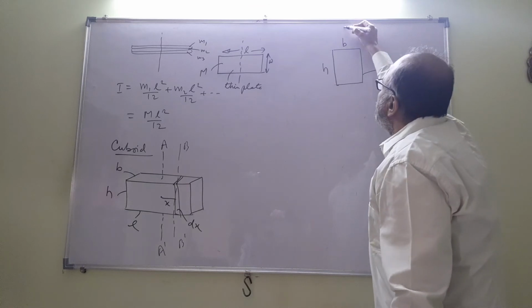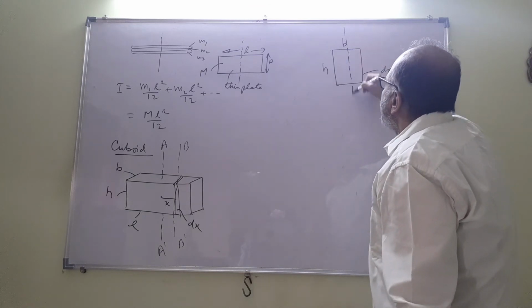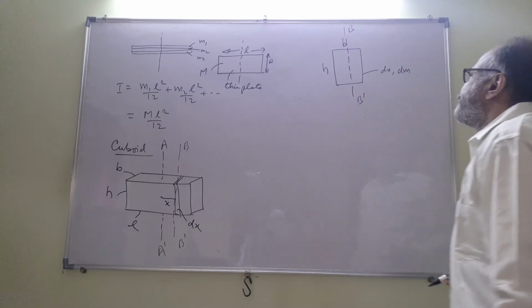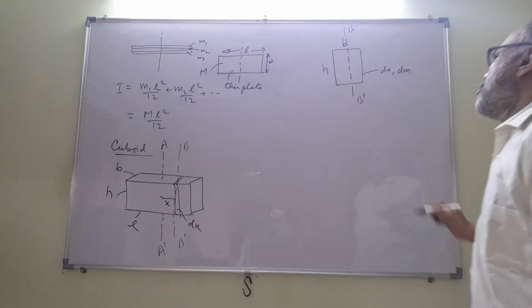And we are talking about an axis like this, BB dash.